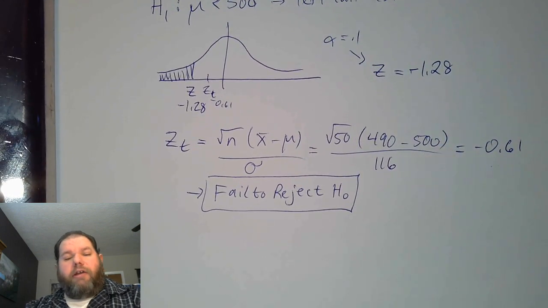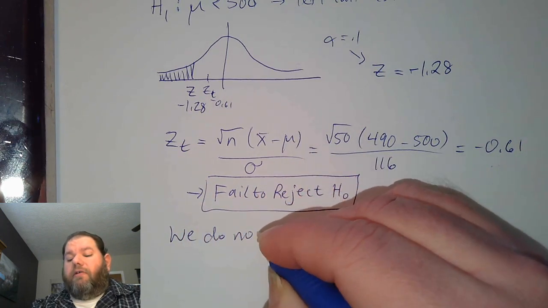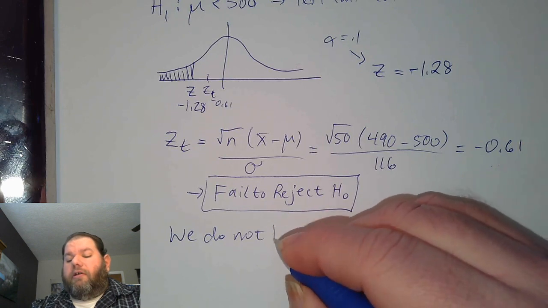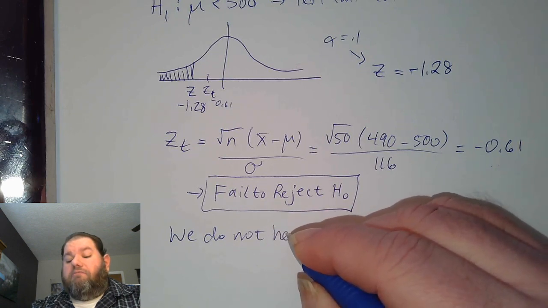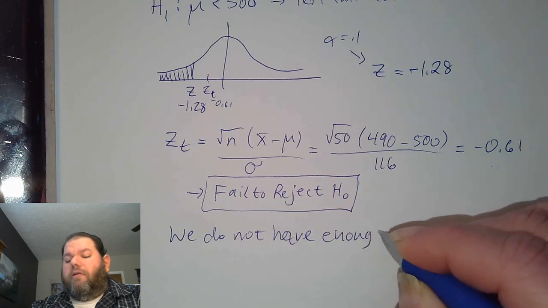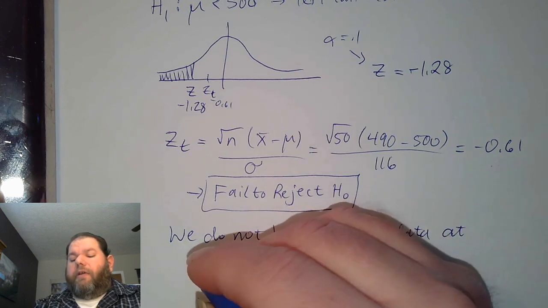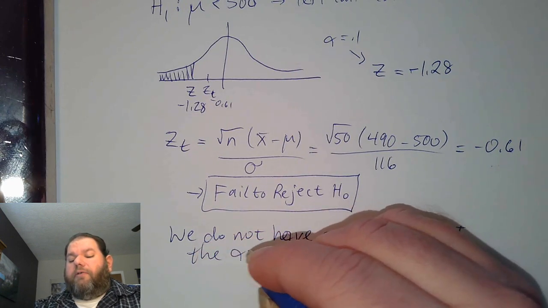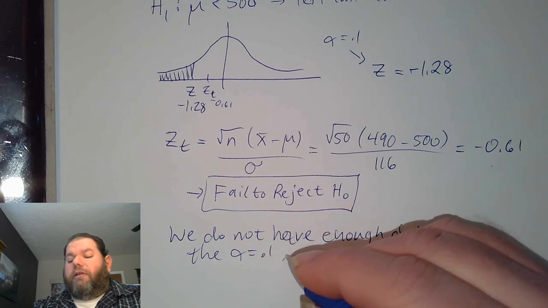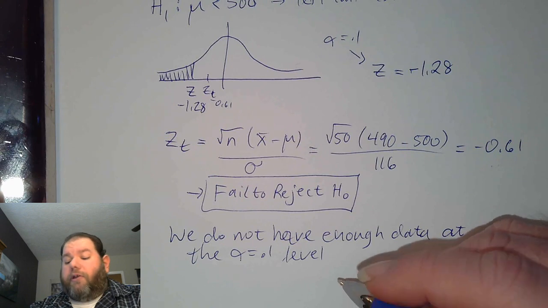But how do we write our summary sentence now if we fail to reject? Well, that means we do not have enough data at the alpha equals 0.1 level of significance, which is actually a pretty large amount of error there.